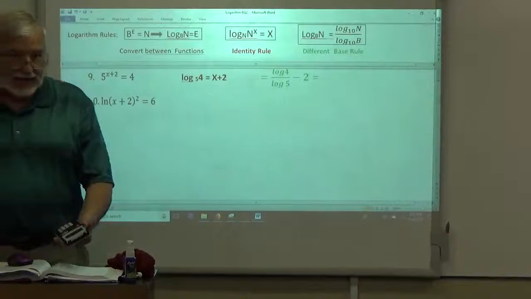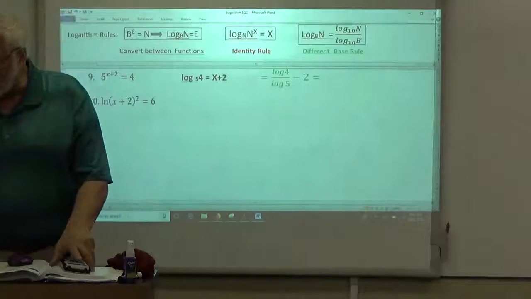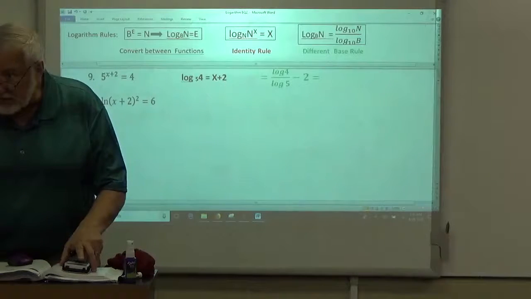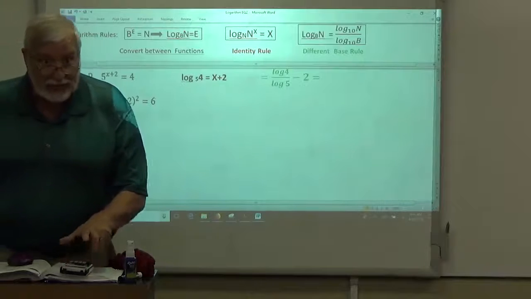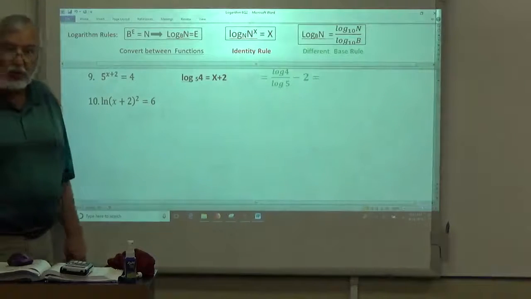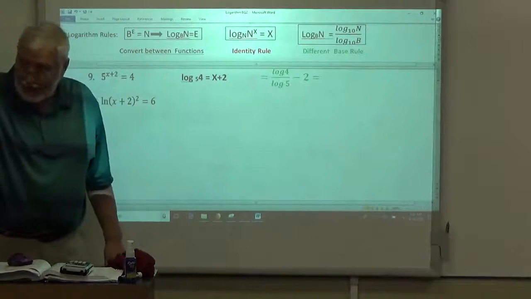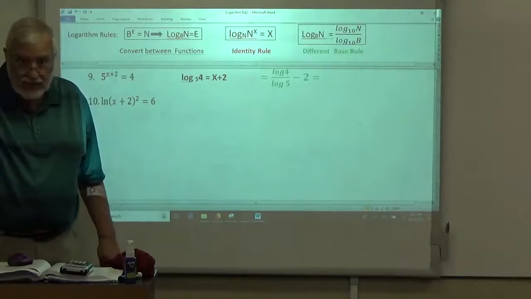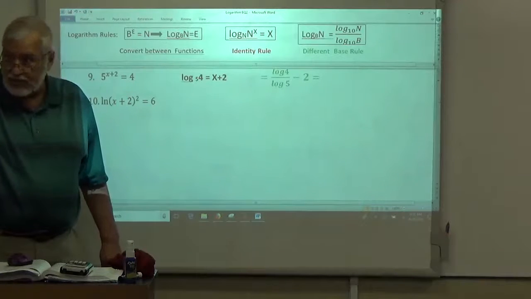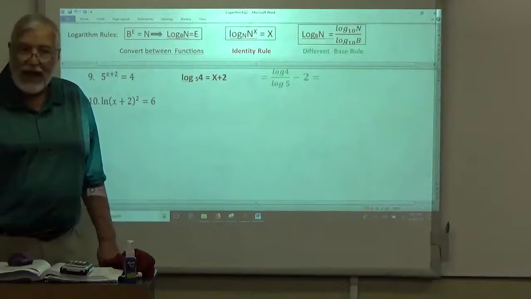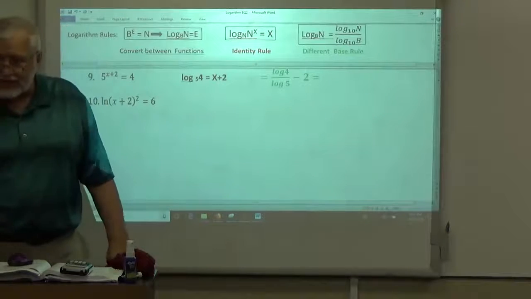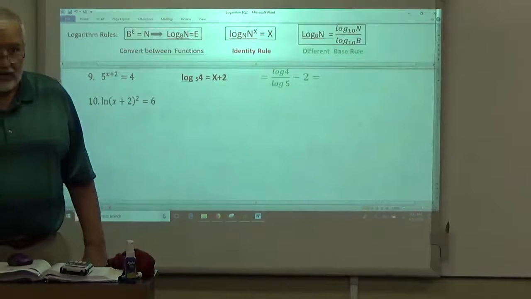Now again, is this a high-level problem? The answer is yes. We're working at the top of the skills for logarithms, right? But here's my point. How difficult is that on a scale of 1 to 10?